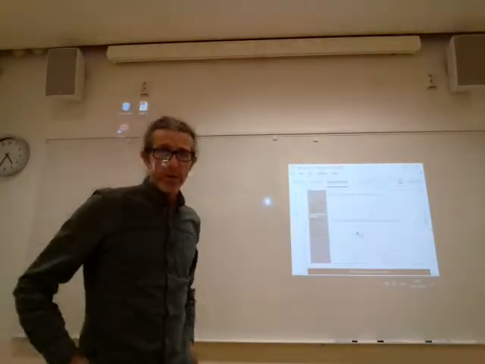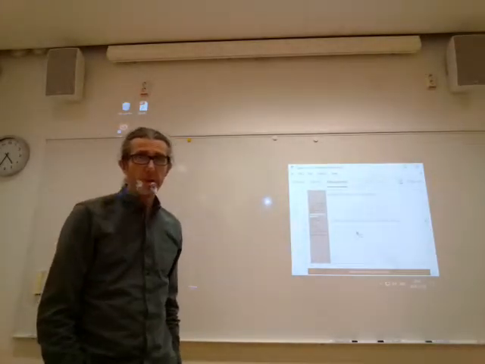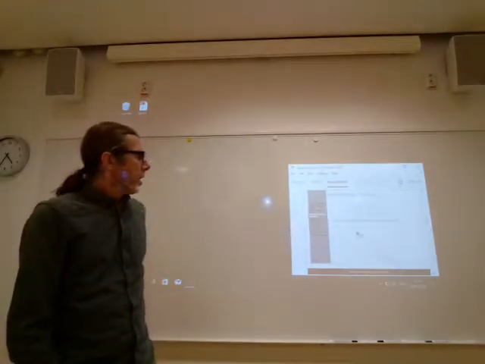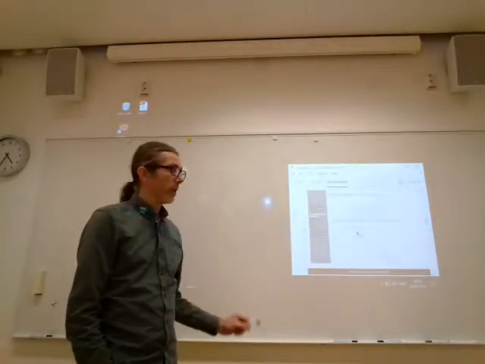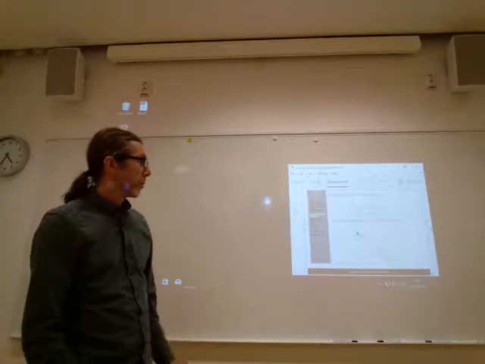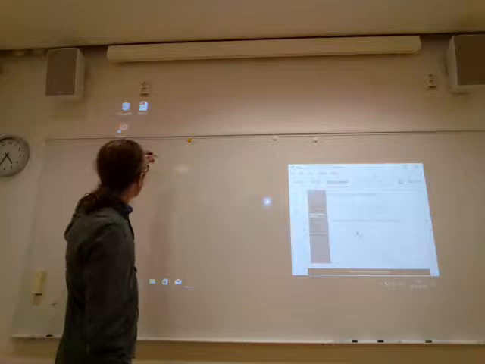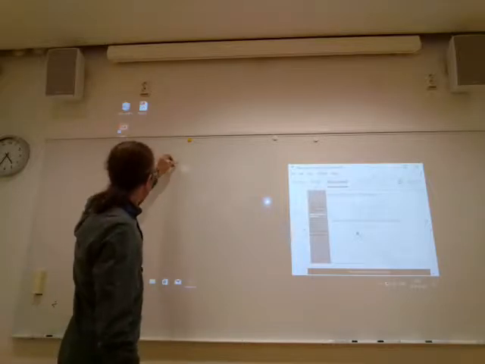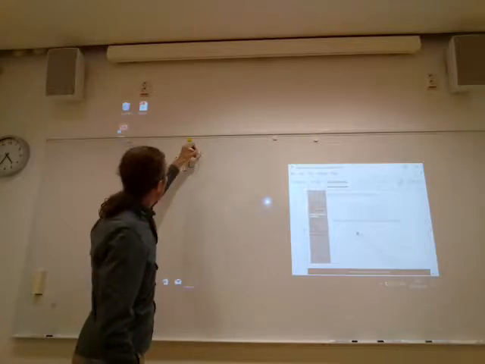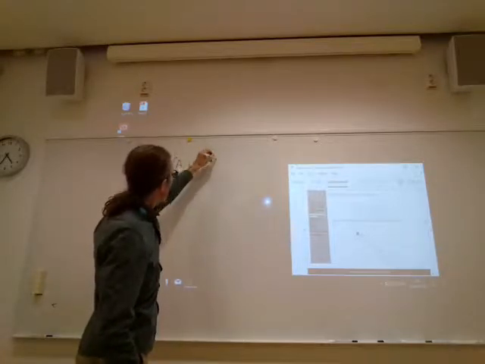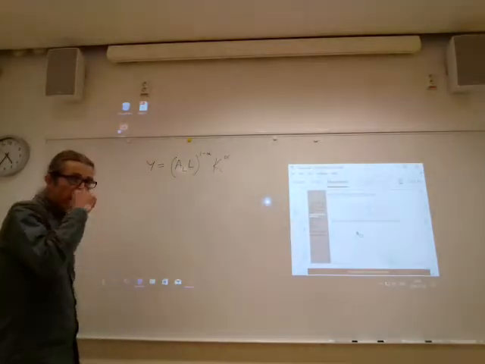So I gave you a few words on the neoclassical model and the Solow model in particular, just a bit of background. I'm now going to give you another bit of background on the Solow, which is about the properties of the Cobb-Douglas. So in the Cobb-Douglas, we would typically say that Y is AL to the 1 minus alpha, K to the alpha.